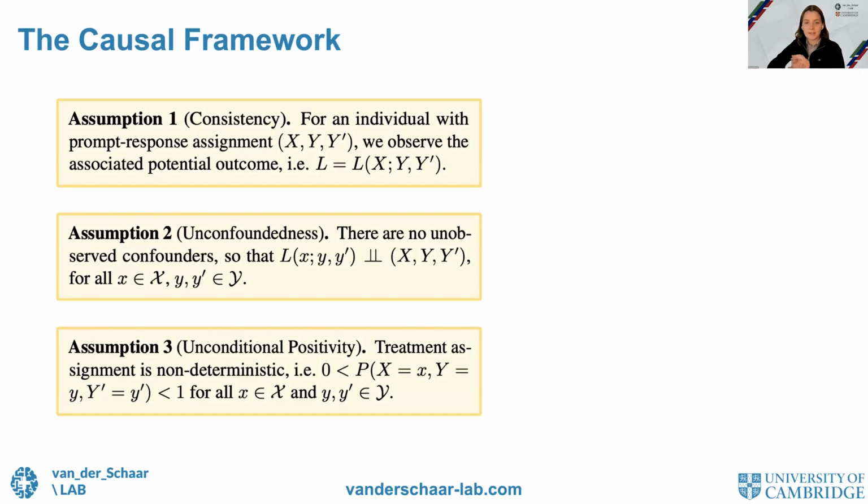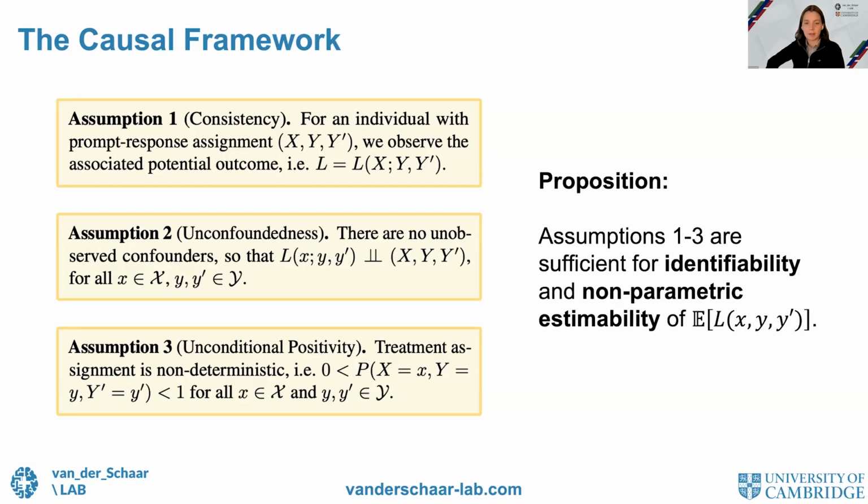The unconfoundedness states that the potential outcomes are independent of the assigned treatment. And finally, unconditional positivity guarantees that the assignment of prompts and responses, so the assignment of treatments, is non-deterministic. Together, these three conditions are sufficient to guarantee that the expected potential outcome is identifiable and can be estimated in a non-parametric way, which we formally show in the paper.